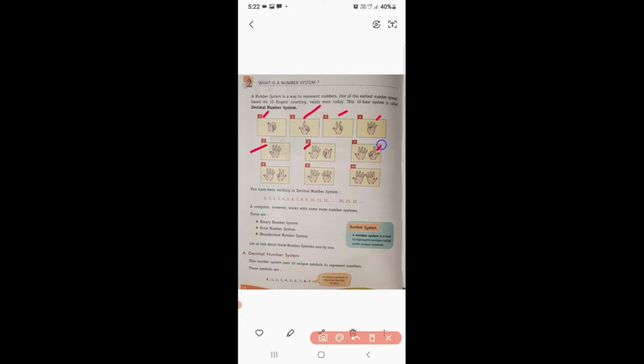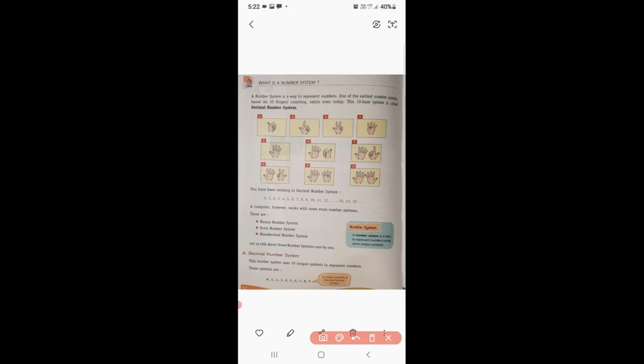Then, as it is shown in the figure, this is for 1, 2, 3, 4, 5, 6, 7, 8, 9 and 10. But in our number system, we only have to consider till digit 9. And so the base for the decimal number system is 10. 0 to 9 digits are used.